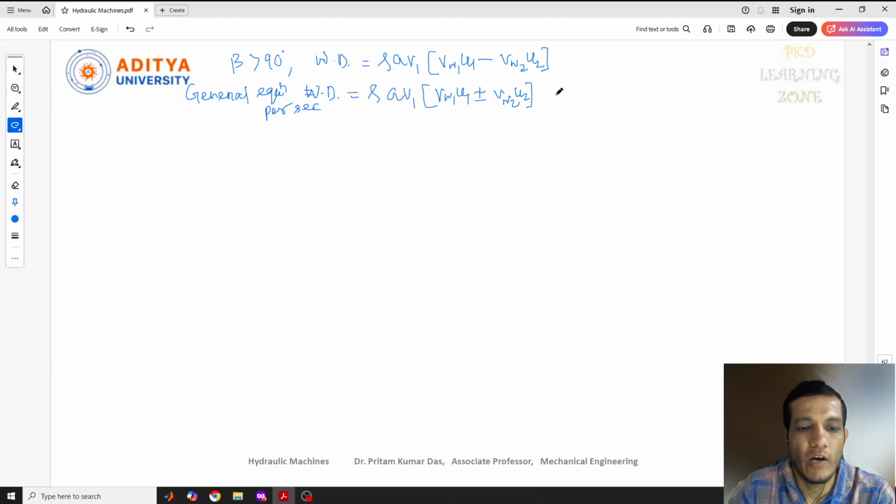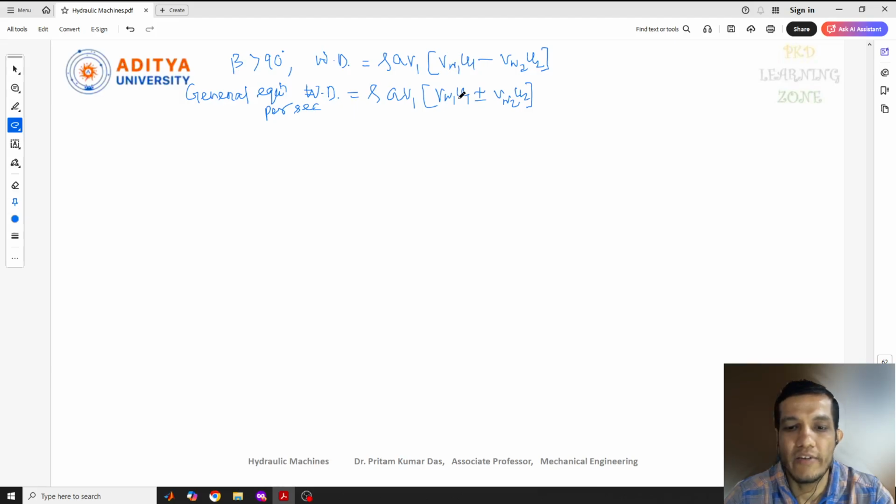This is our general equation. When beta is 90 degrees, this portion will be 0 and only this part will remain. We have discussed this in our previous lecture also.